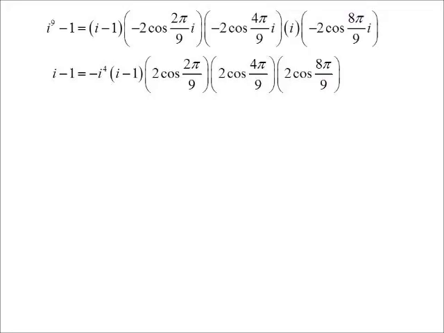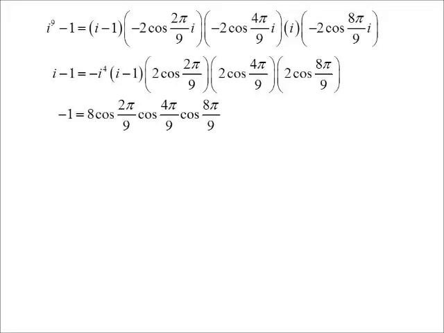We're getting so much closer now. Because now I've taken out the 2 times the 2 times the 2, which is 8. I've got the i to the power of 4, which I've turned into 1. i minus 1 cancelled with the i minus 1. And, of course, then the negative sign as well. I've divided both sides by negative 1.